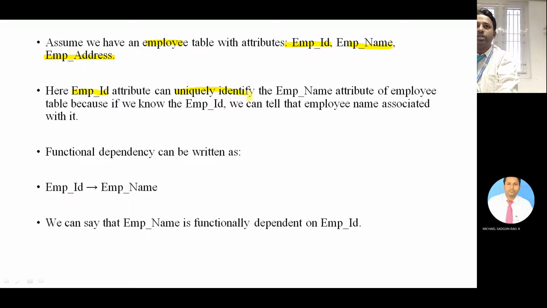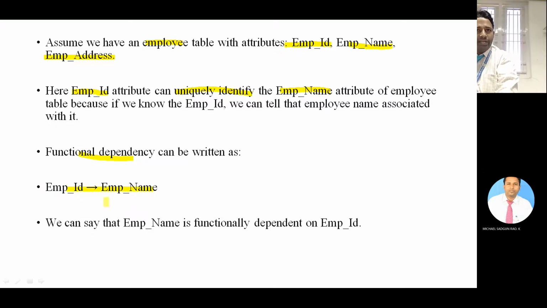So we can tell like this: employee name can be uniquely identified by using employee ID. So there is a functional dependency between employee ID and employee name. Determinant is employee ID, dependent is employee name.